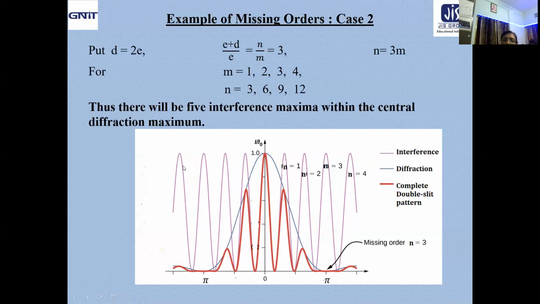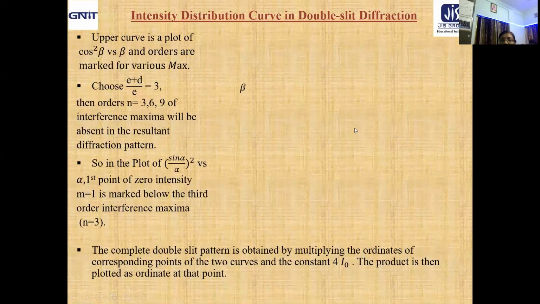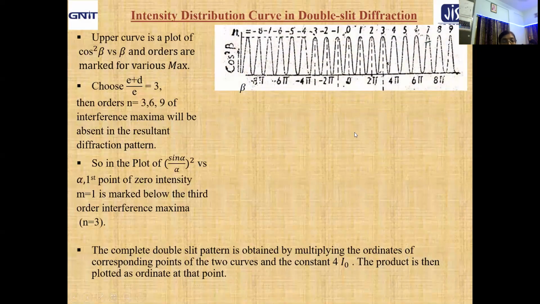So here I have shown you for a single case how the interference and diffraction combine to give the complete double slit pattern. Let us now extend this discussion with this diagram, where we will consider in detail how the root of the equations will vary to give the intensity for interference, similarly for single slit diffraction, and then we will see their combined effect.